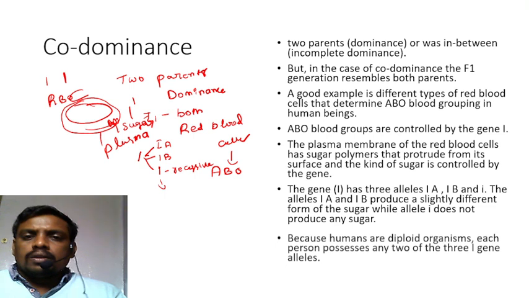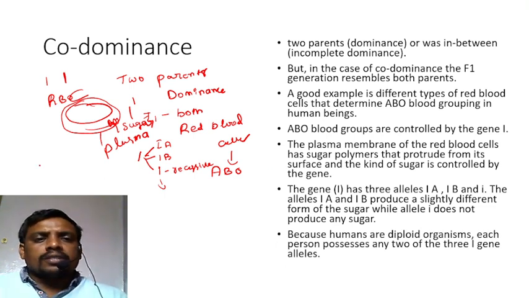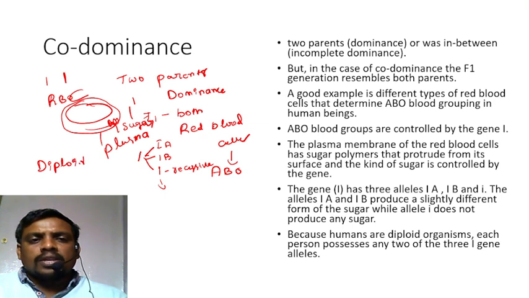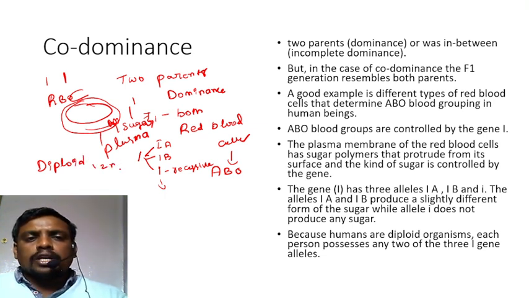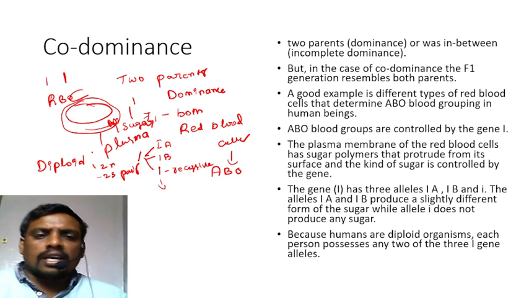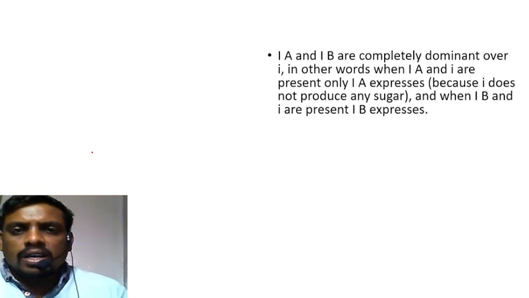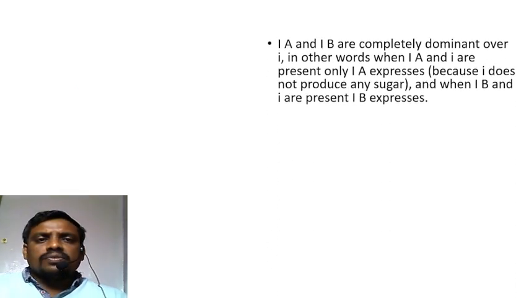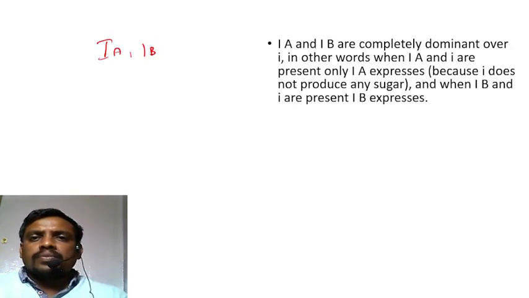Because humans are diploid, the body is made up of many diploid cells containing 2n chromosomes, which means 23 pairs of chromosomes. Any 2 of the 3 I gene alleles are present. IA and IB completely dominate over small i.